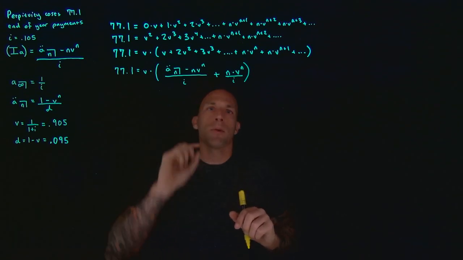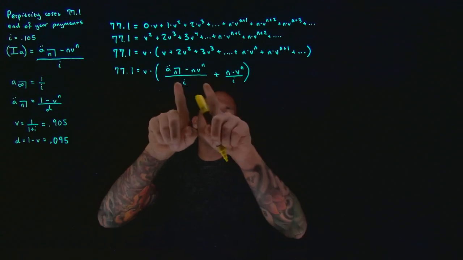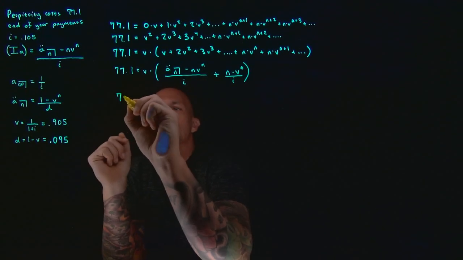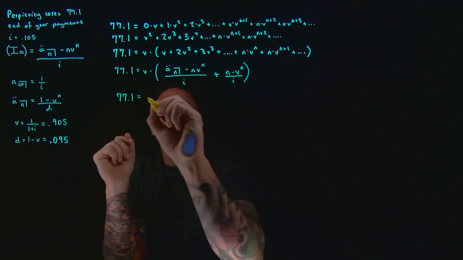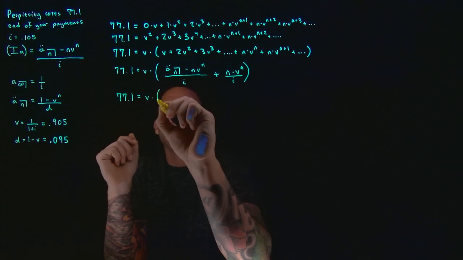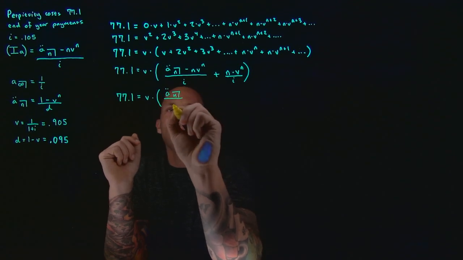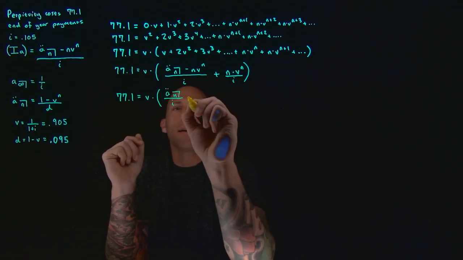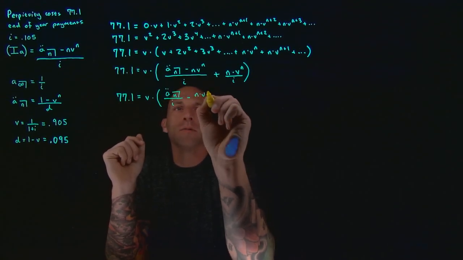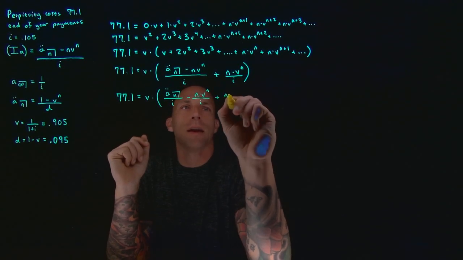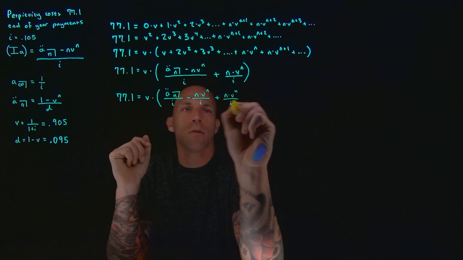All right. So the first thing I'm going to do is separate this term right here, because we're going to get a nice cancellation. 77.1 equals v times a double dot over n of n over i minus n times v to the n over i plus n times v to the n over i.